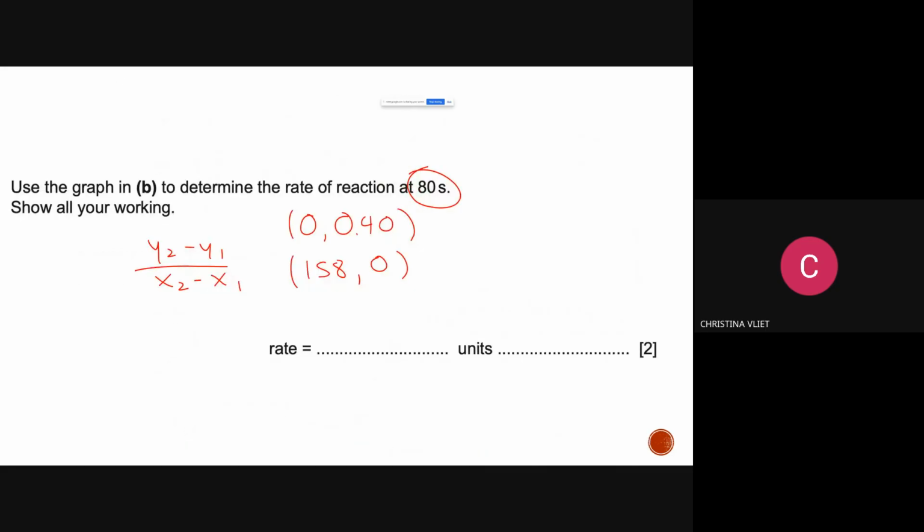Okay, so then what would we do from here? Zero minus 0.4 over 158 minus 0. Should my rate be negative or positive?